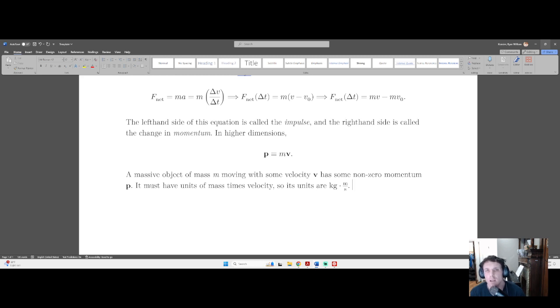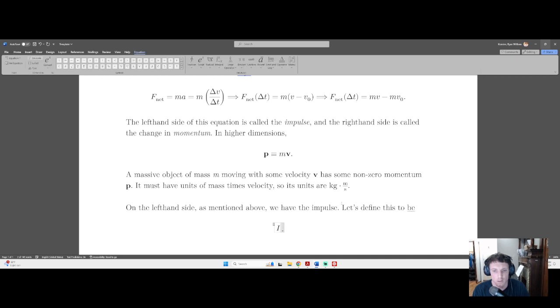It's a vector. Now, let's talk about the left-hand side of the equation that we got. On the left-hand side, as mentioned above, we have the impulse. Let's define this to be, so this is a vector, and I think sometimes J is used. I don't know why.